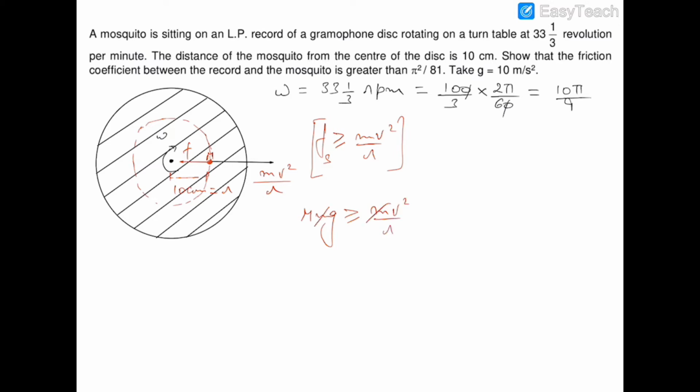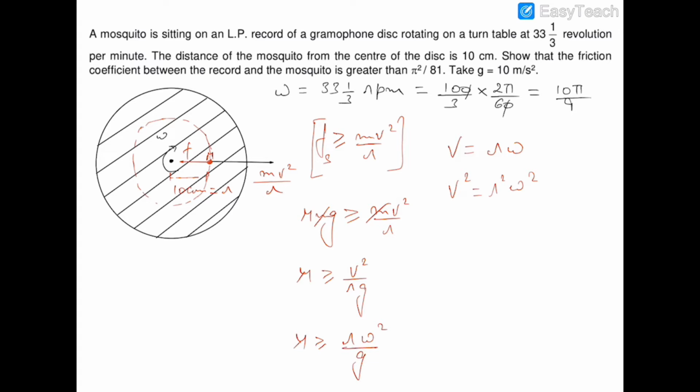Now this mu will be greater than or equal to v square by rg, where v is the velocity of the mosquito, v equal to r omega, and the value of v square will be r square omega square. Therefore this is r omega square by g.